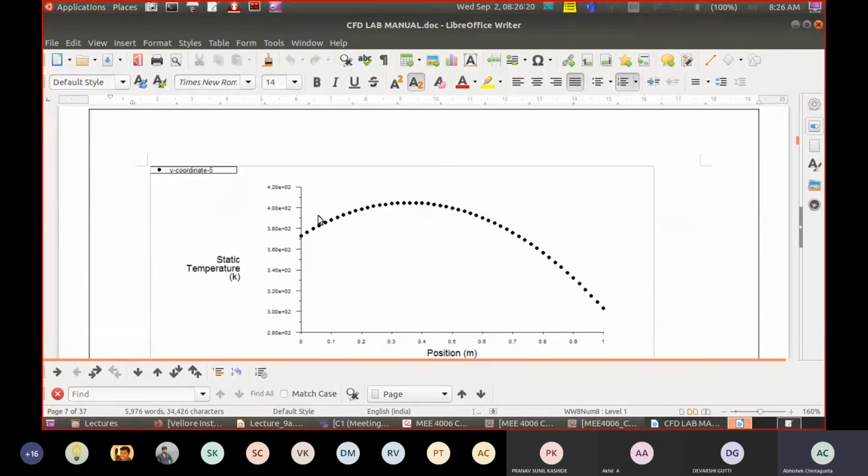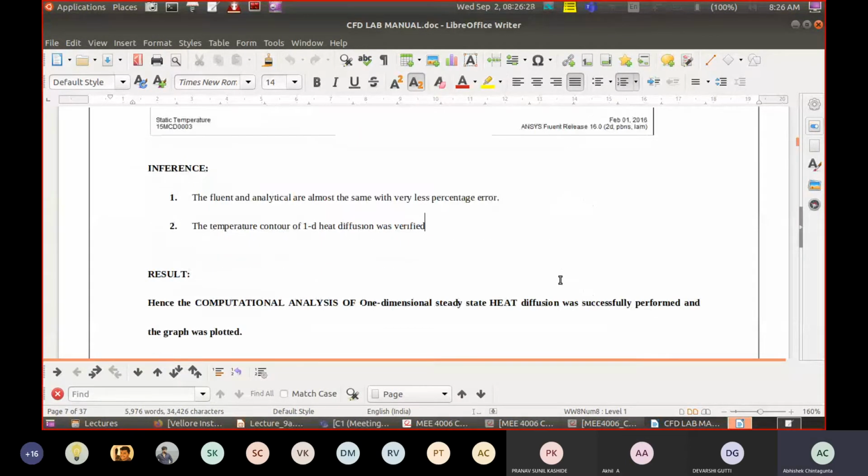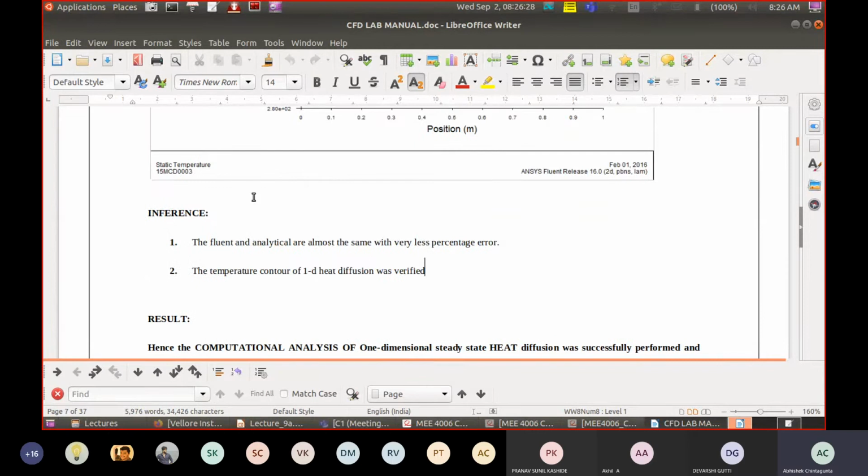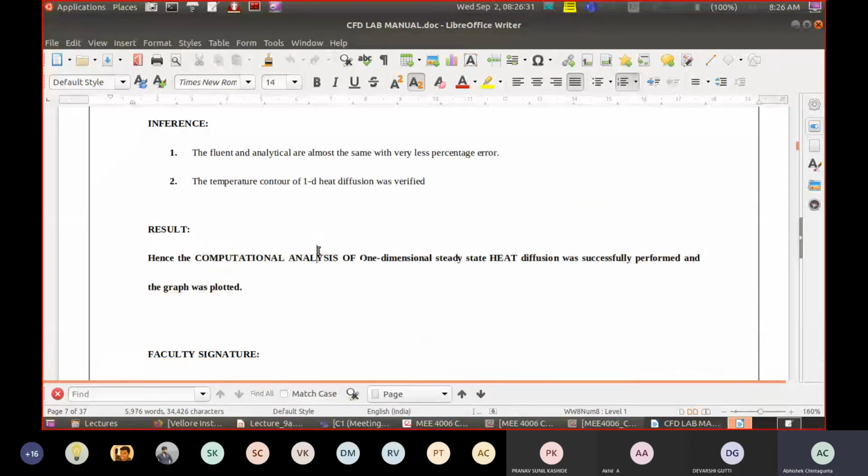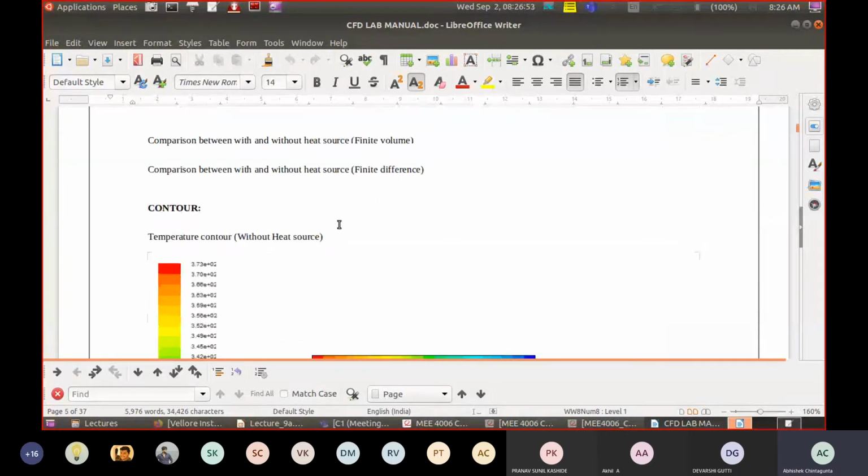You can say that one-dimensional heat diffusion problems or two-dimensional heat diffusion problems can be solved using Fluent, and we were able to get good results compared to the analytical. The solution has been verified against the analytical solution.